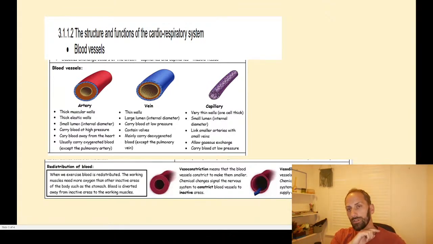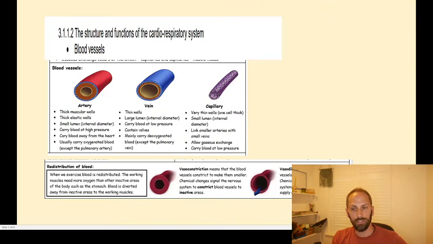As you can see in the diagram there, we've got arteries which have thick muscular walls. These thick walls are also really elastic, and the reason for that is that the artery has really, really high pressures of blood going through, because if you think about your heart pumping, the blood is shooting through those arteries as it leaves the heart. So that's why they are like they are.